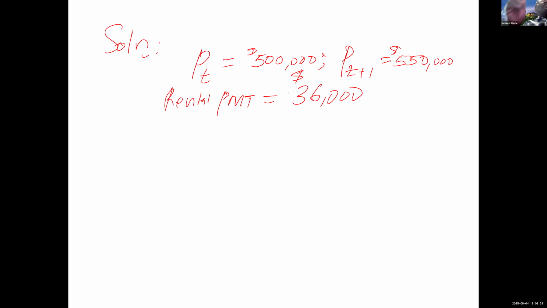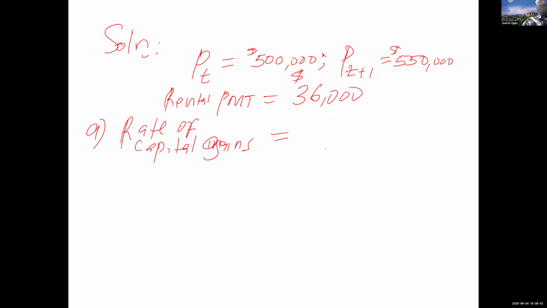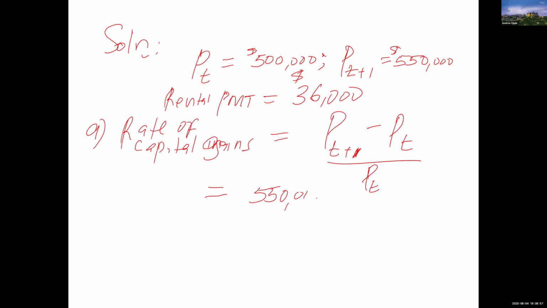Okay. So part A, the rate of capital gain from this investment. The capital gains formula is the same. You take the selling price, you sold the house after 1 year, minus the purchase price today, divided by the purchase price today. So your rate of capital gain is going to be equal to 550 minus $500,000 divided by $500,000.